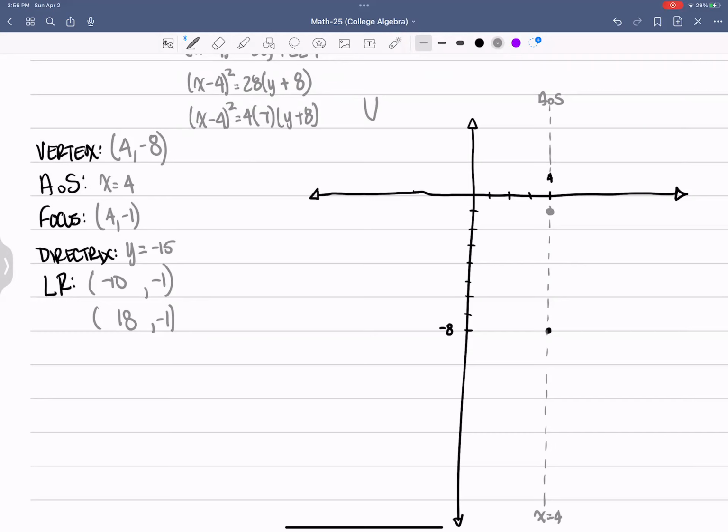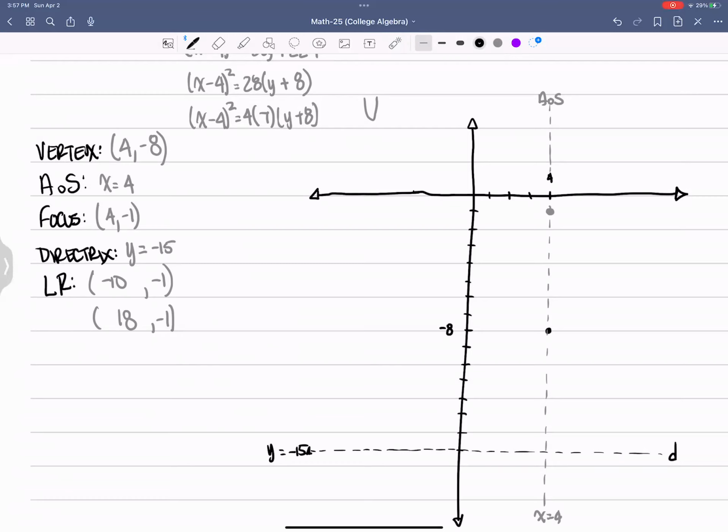So that's negative 8, 9, 10, 11, 12, 13, 14, and 15. So we have this line right here. This is our y equals negative 15, and this is our directrix.